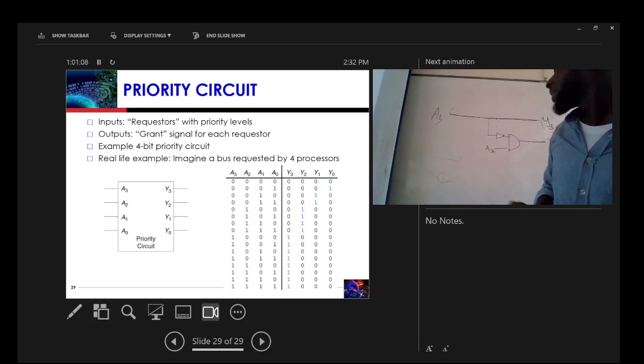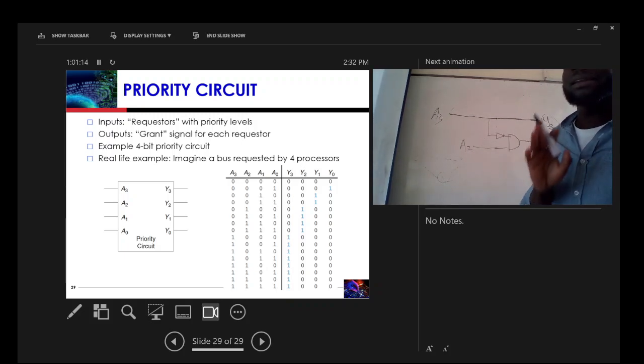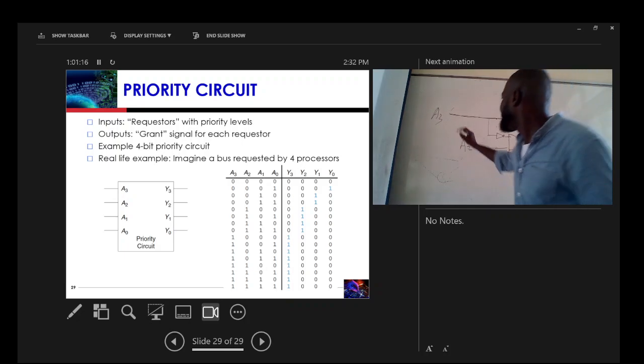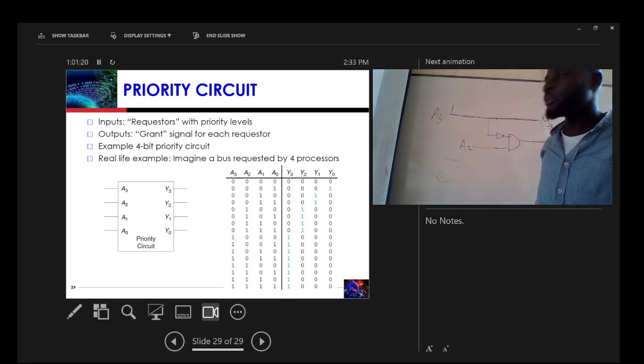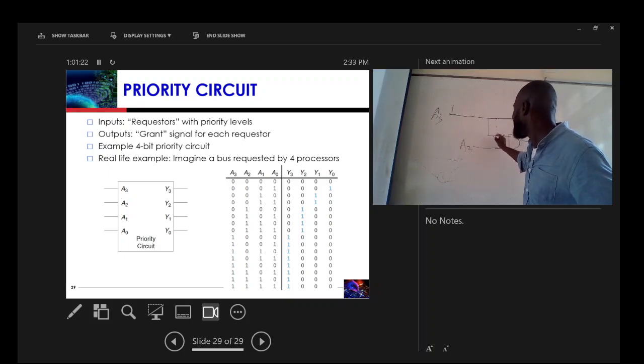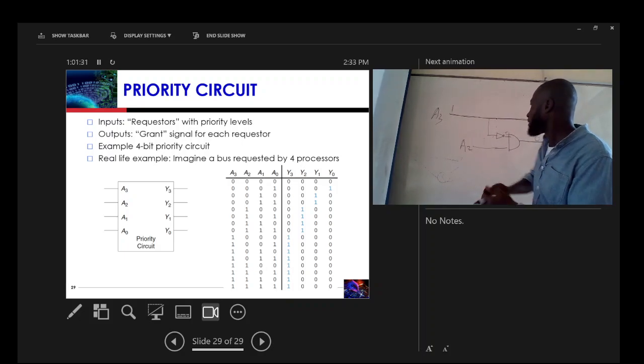So what have I done essentially? Now, if A3 is 1, then 1 has come here, and here is 0. This one is deactivated, so the output becomes 0. If here is 0, the inverter makes it 1, and then A2 passes through.